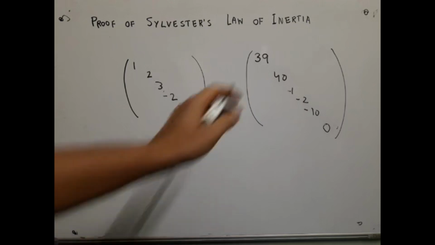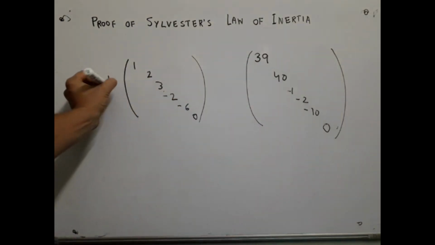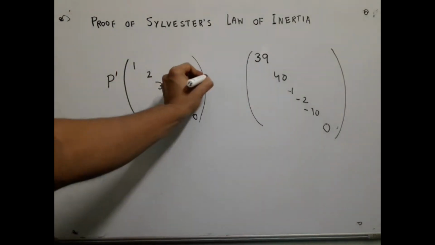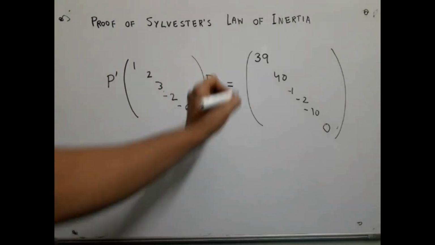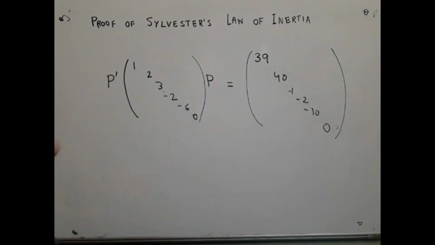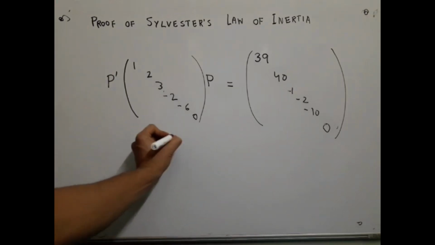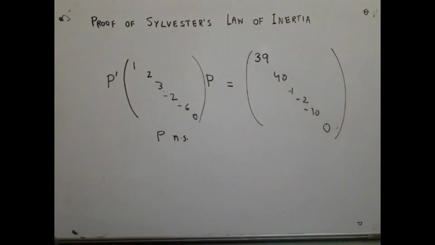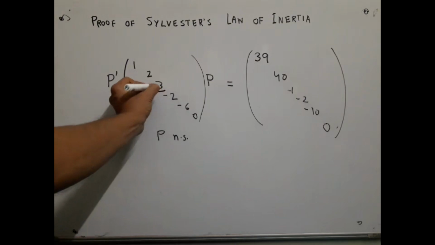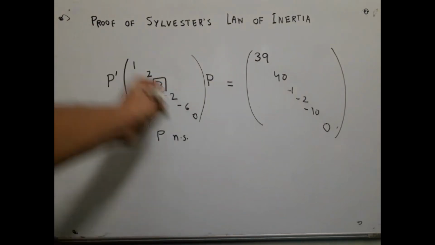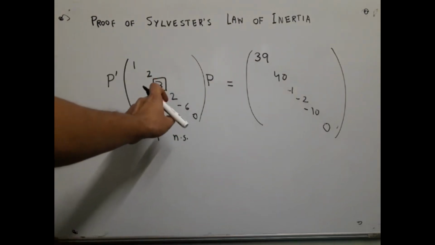So let, if possible, we have some non-singular matrix P such that I have this. I am going to show this will lead to a contradiction. So P is some non-singular matrix. The way we shall attack is by focusing our attention on this particular entry. This seems to be the only extra positive entry.